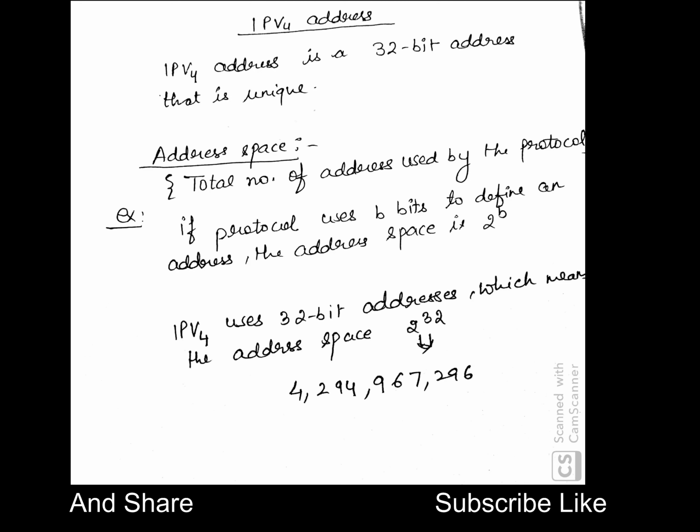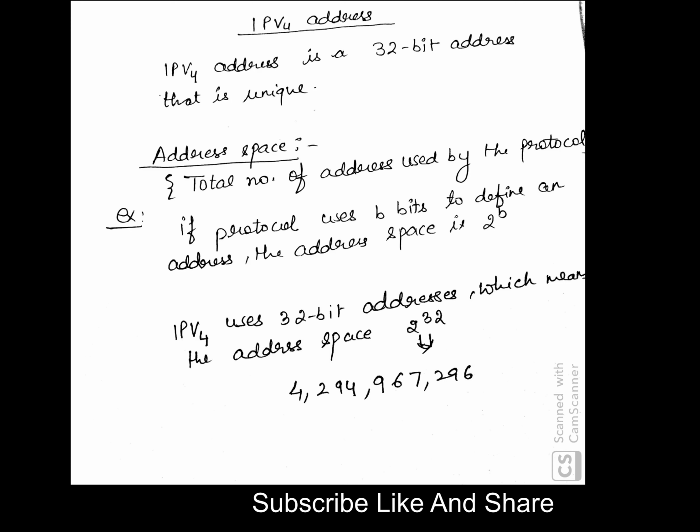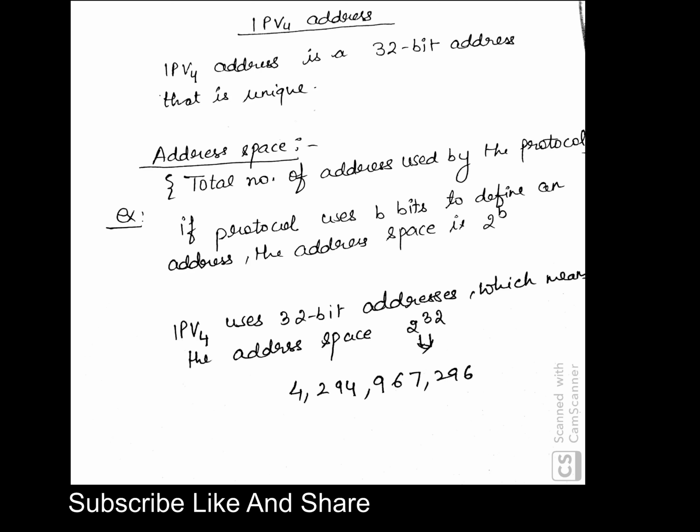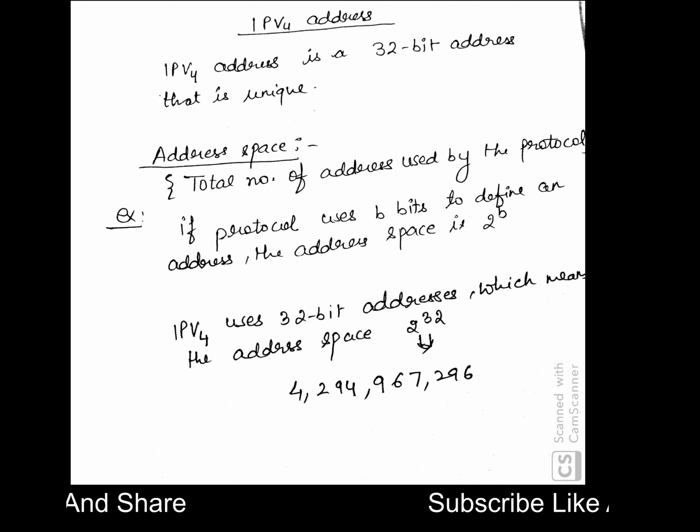So now, what is the address space? A protocol like IPv4 defines addresses as an address space. The address space is the total number of addresses used by the protocol.